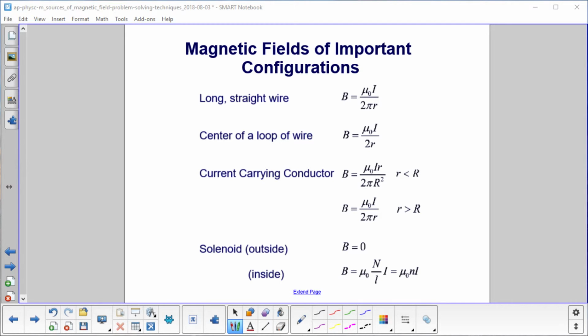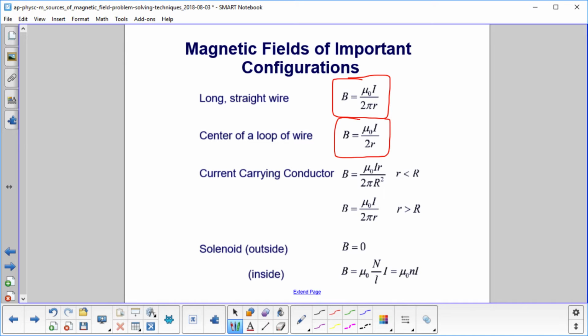We have some important configurations that you should, if you can, memorize, okay? For a long straight wire, the magnetic field is mu0 I divided by 2 pi r, where r is the distance away from the wire. The center of a loop of wire looks very similar, except it has no pi.